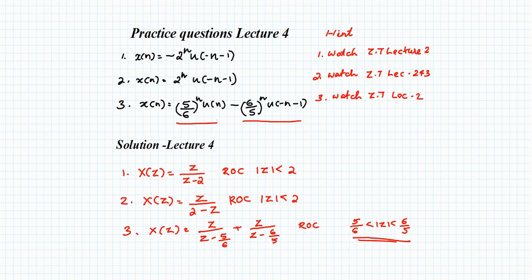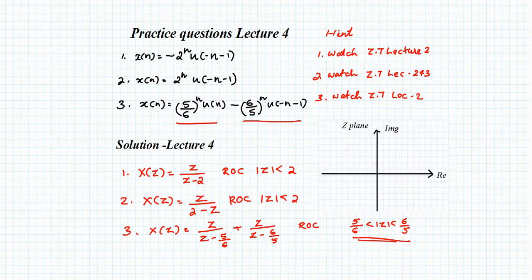The combined ROC will be like this. There will be 2 points, one is 5 by 6 and another one is 6 by 5, so we get 2 poles, and now we need to construct 2 circles with radius 5 by 6 and 6 by 5. One signal converges if modulus of z is greater than 5 by 6, so it will be outside the circle.